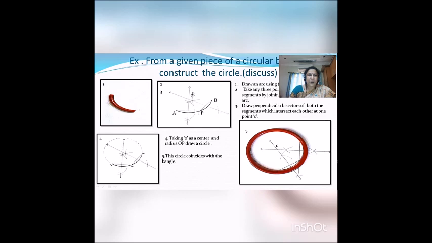Draw their perpendicular bisectors. This is the perpendicular bisector of AP and this is the perpendicular bisector of PB. They will intersect each other at point O. This is the center of the circle. Draw a circle using this radius and you will get the circle which is congruent to this bangle.